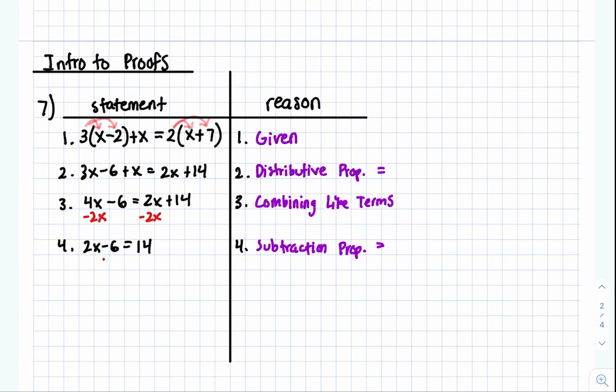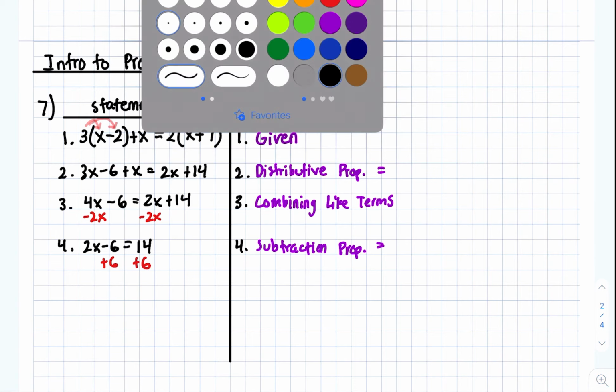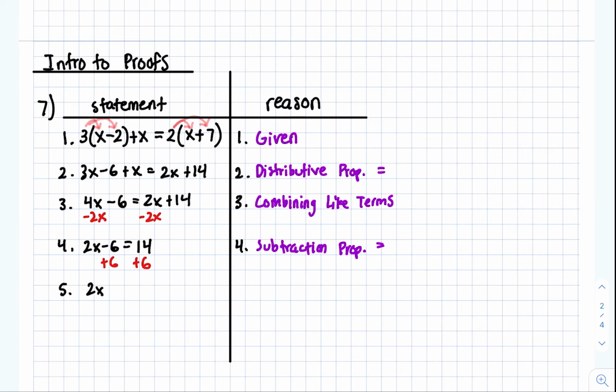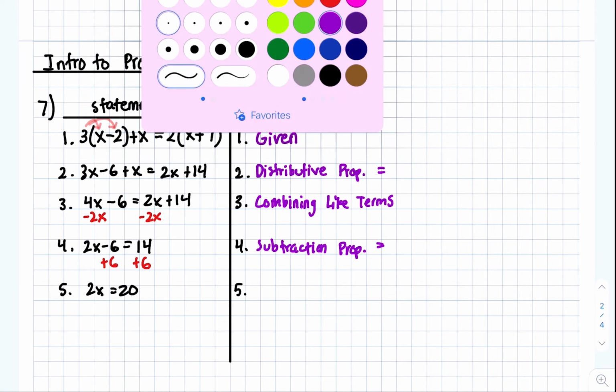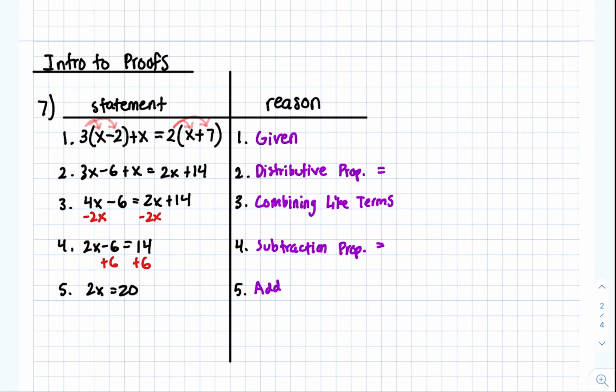And then I'm going to add 6 to both sides to put my constants on the right hand side. So we get 2x is equal to 20. Reason, addition property of equality.